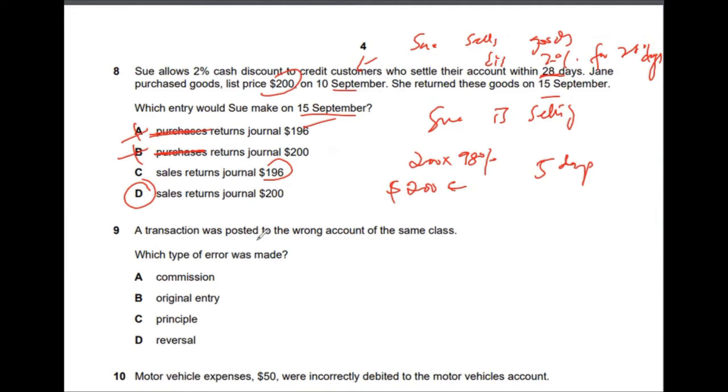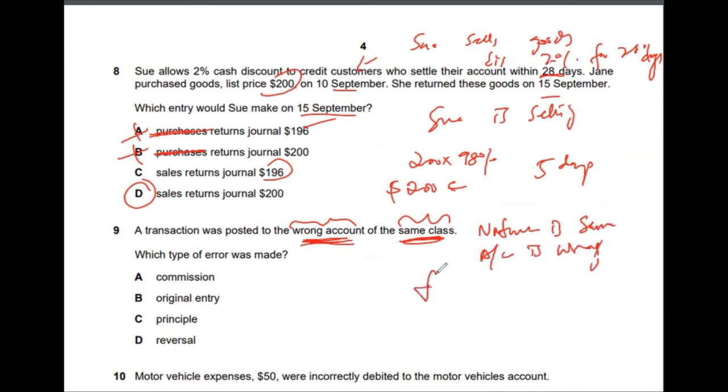Multiple choice 9: a transaction was posted to a wrong account. This is the keyword here. A transaction was posted to a wrong account of the same class. This is another keyword. So the nature is the same. It's just that the account is wrong. For example, an expense being debited to an asset account.